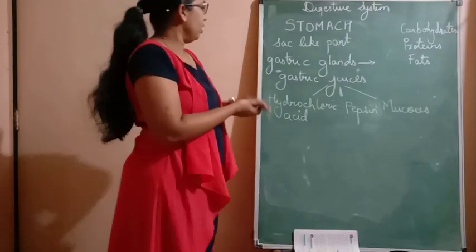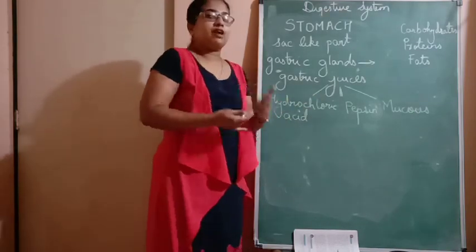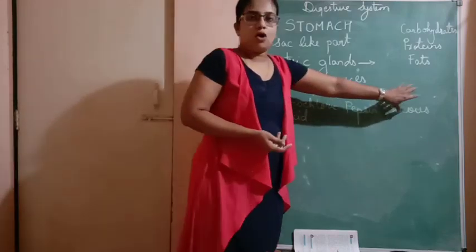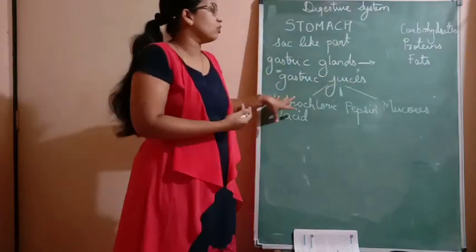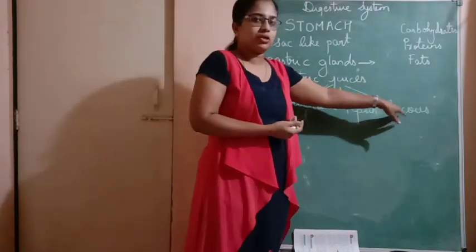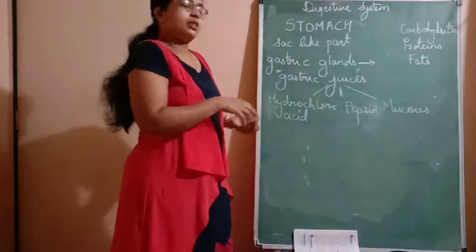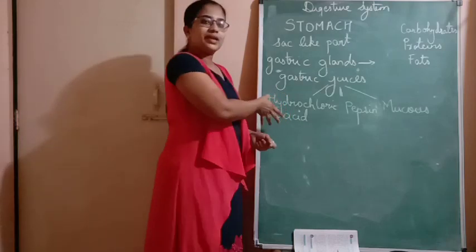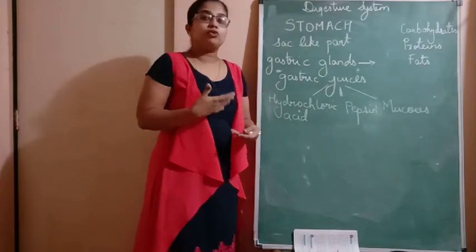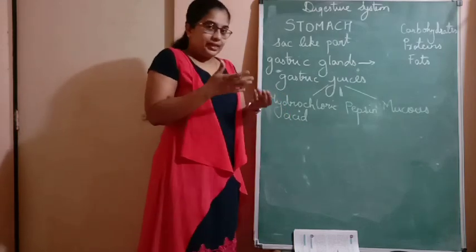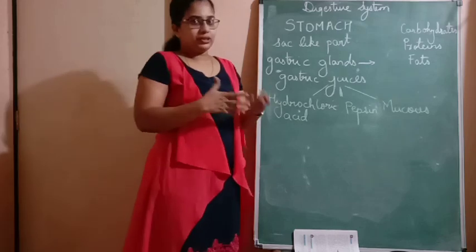Now, what is the function of these things? What do hydrochloric acid, pepsin and mucus, these gastric juices, do in our body? The basic function of hydrochloric acid is to make the food acidic in nature. That will help to break down the food easily.